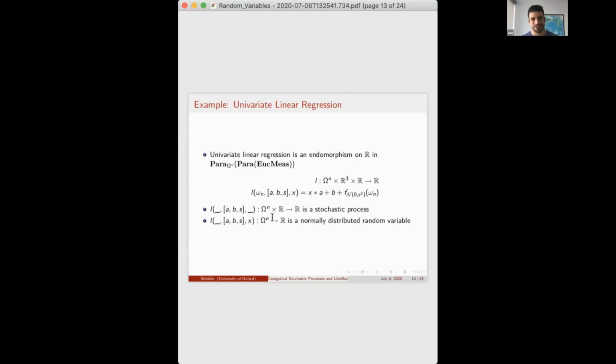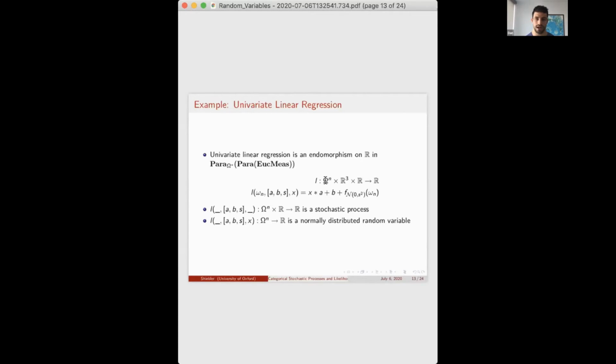I think the simplest way to describe these is through an example. In univariate linear regression, which is the simplest kind of statistical model that we can describe, we have three arguments when you view it through this random variable stochastic process lens. We have our parameters, we have our inputs, and we have our source of randomness.